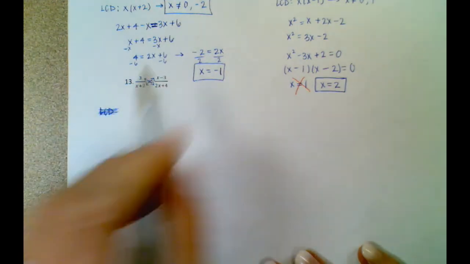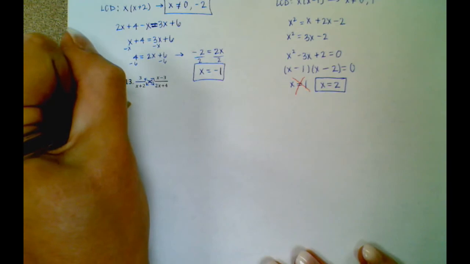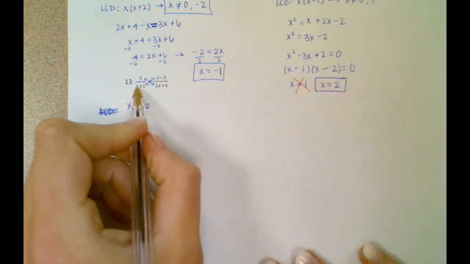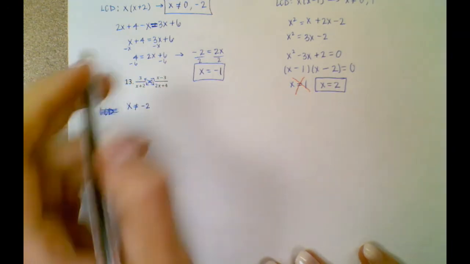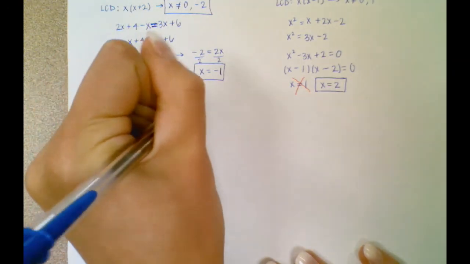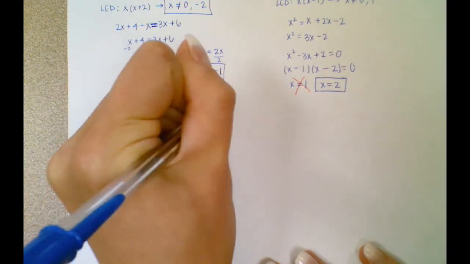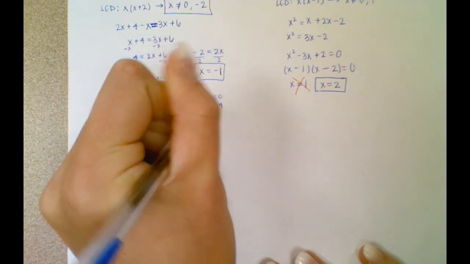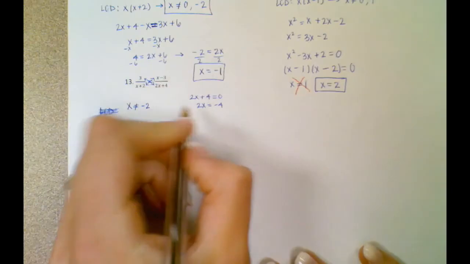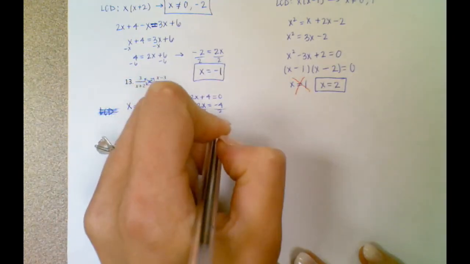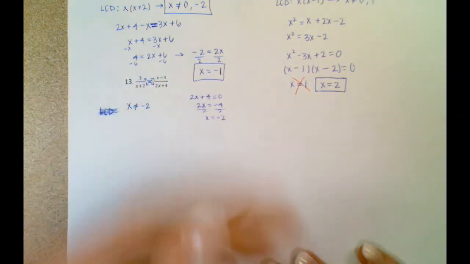Before we do that, though, let's find our restrictions. So x cannot equal -2, right? -2 plus 2 is 0. And I'm going to write this off to the side over here. 2x plus 4 equals 0, so 2x equals -4. Then I'm going to divide both sides by 2. So x cannot equal -2. Oh, I already have that in my list, so I'm good.